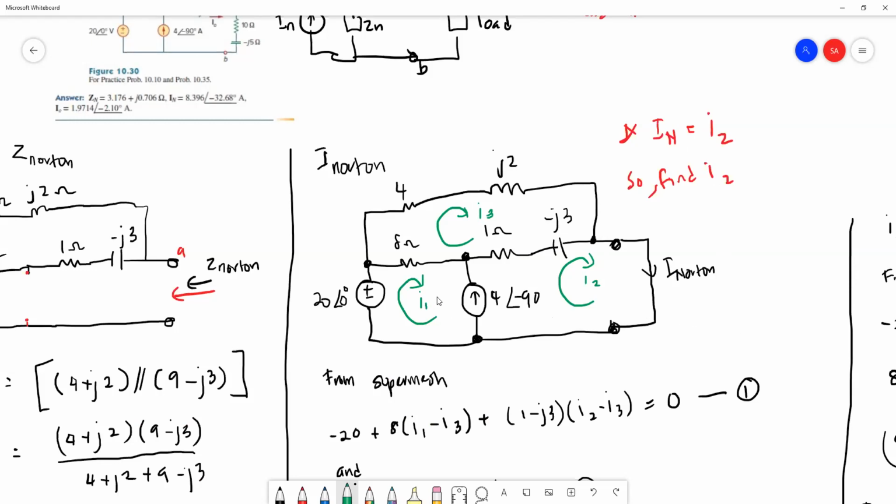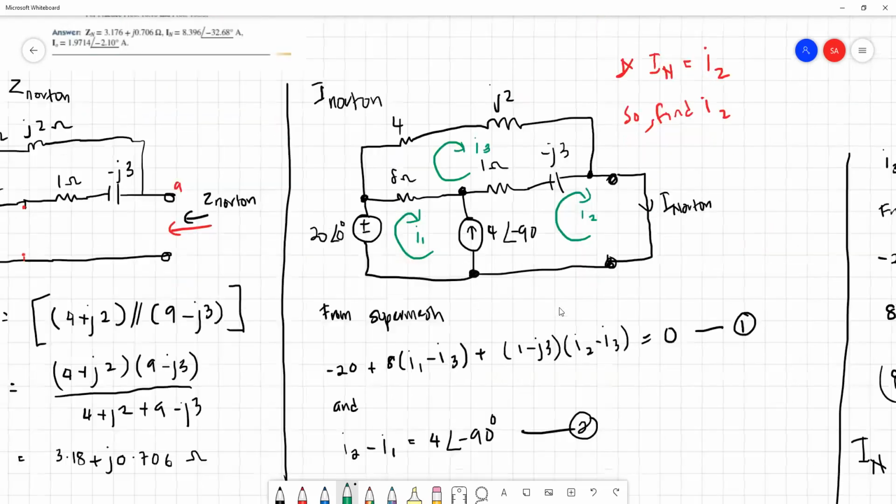In between mesh I1 and I2 there is a current source, so you need to use a super mesh here, inclusive of two loops, I1 and I2.